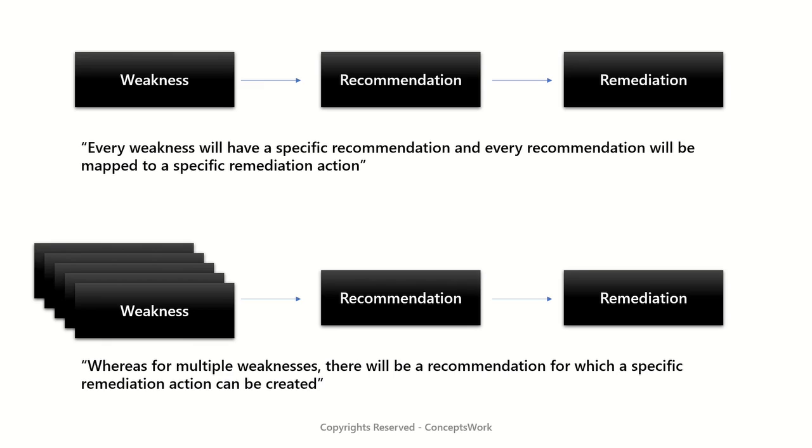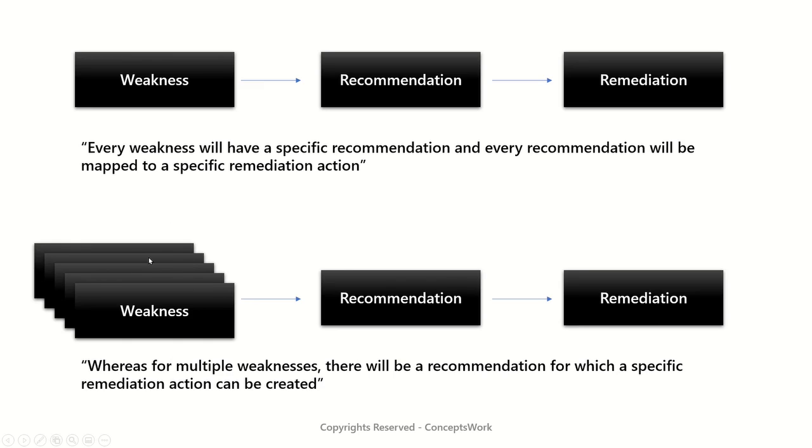Now, what do I mean by this? Relate this with an example: for a specific build of Windows 10, if you apply this particular security update, let's say 20, 30 different CVEs will get addressed. I'm just giving you an example. In this scenario, though it's a single recommendation, it is going to cater to n number of weaknesses which exist in your enterprise.